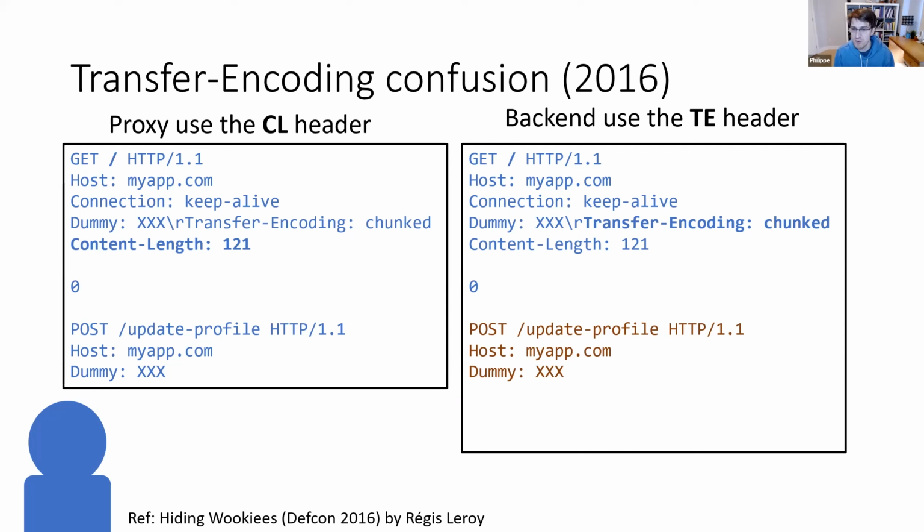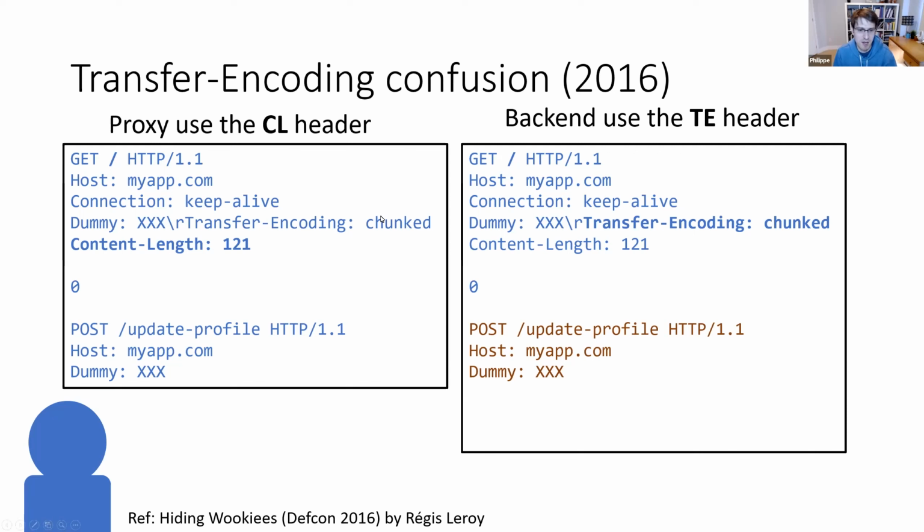So suddenly we have a mismatch between how the length of the actual request is evaluated. So here we will have cases where the proxy sees only one request, and it's going to forward it to the backend, and the backend will actually see two requests, two distinct ones.